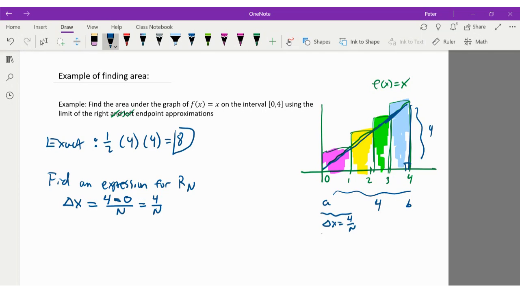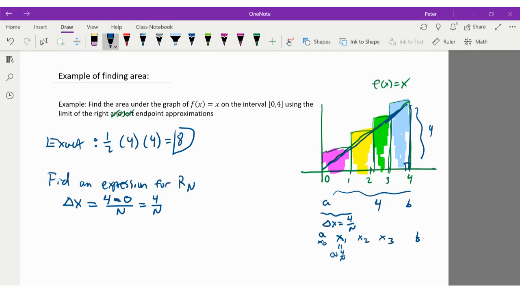It's also the case that if that's A and that's B, x1 is just going to be delta x to the right of x0. Here's x1, x2, x3, and that's x0. That means that x1 is just going to be A, or 0, plus 4 over n.